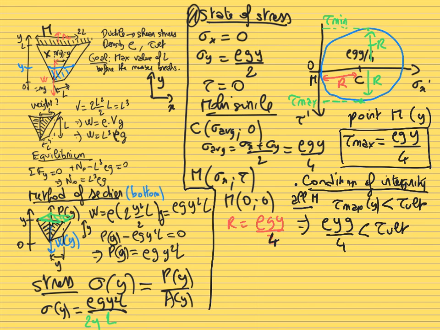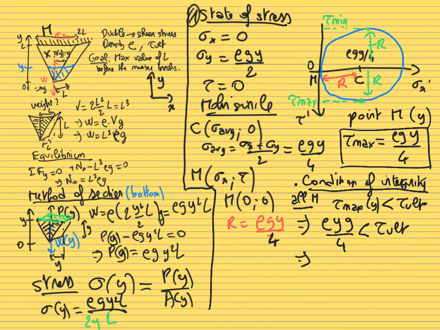If this maximum shear stress is lower than the ultimate shear stress, then we know that everywhere else throughout this member, since the shear stress will be even lower, it has no chance to exceed the ultimate shear stress.